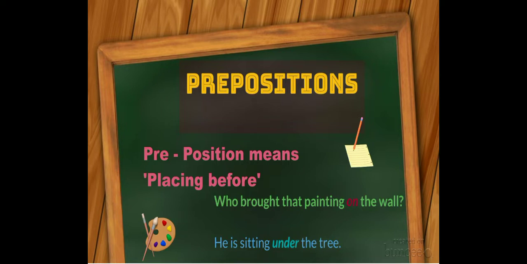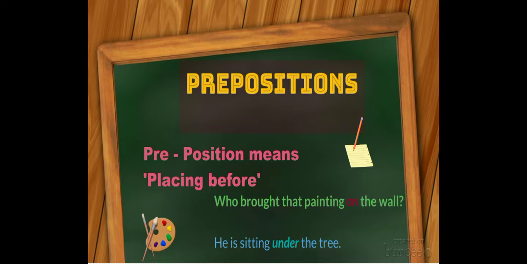Students, by its name only we are able to understand what it is about. If we divide the word preposition into two parts, pre and position, then it is easy to understand.